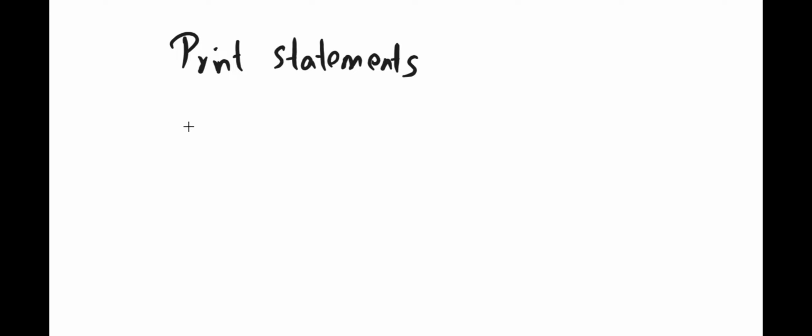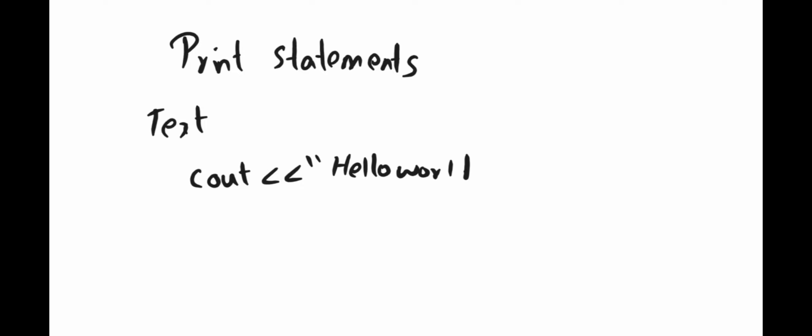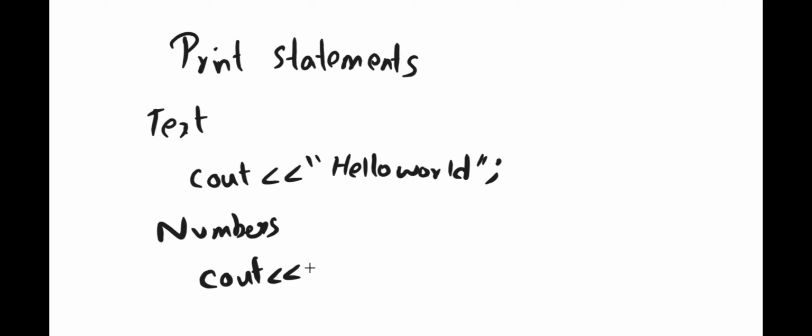And coming to how to print statements. If we want to print text, we need to write cout, and what we write in the inverted commas will be printed. And if we need to print numbers, we need to write cout, the less-than symbols, and whatever number we need.